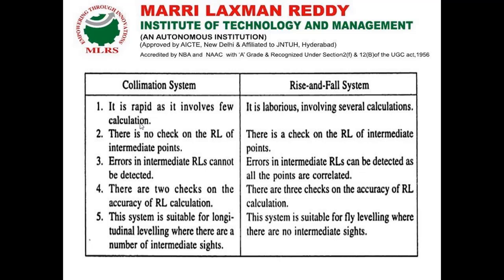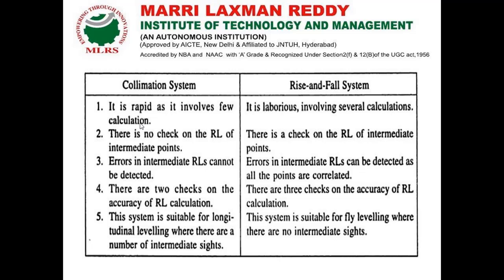We are just going to write the intermediate sight readings. Third one, errors in intermediate RLs cannot be detected. Whatever error happened, we cannot find it, and even so that error won't affect the entire system. That also we should remember.